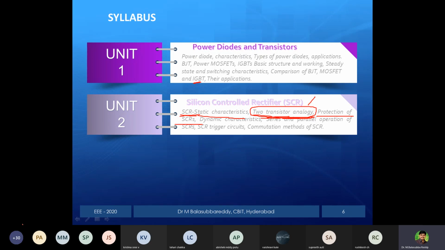What do you do in a transformer? Not in the lab, because there we are using only a 2 kVA transformer, a very small rating. But distribution transformers or power transformers are very high rating, even megawatt transformers.